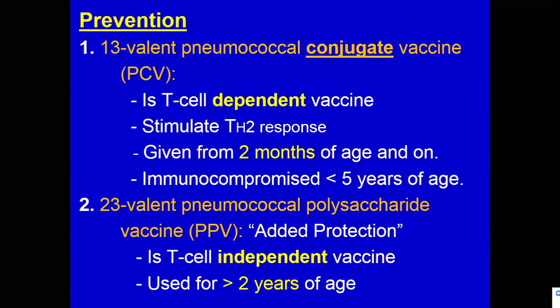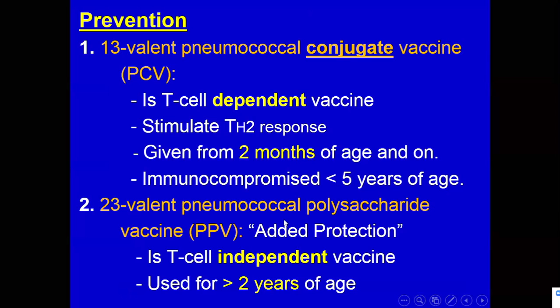We use 13 of them in the first vaccine and 23 in the second vaccine. The first vaccine, the 13-valent pneumococcal conjugate vaccine, is a T-cell dependent vaccine. It can stimulate a Th2 immune response, and is given from 2 months of age and on. In case of immunocompromised patients, it can be given from less than 5 years of age and on.